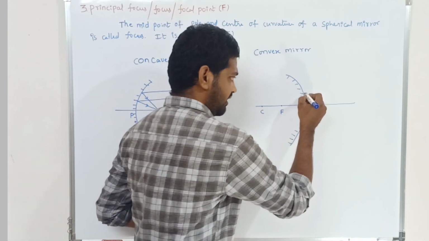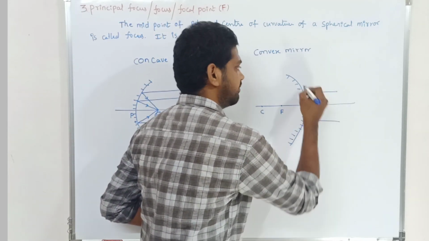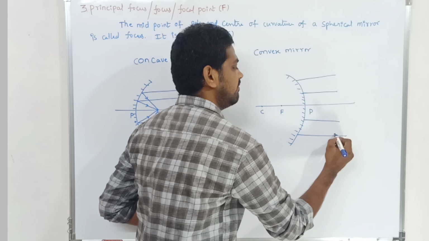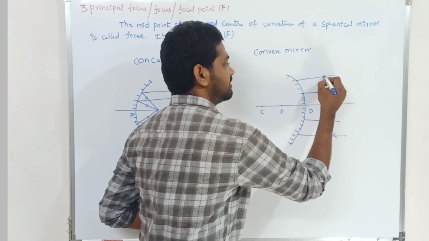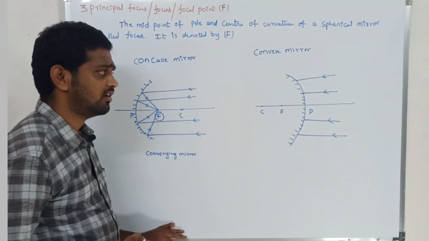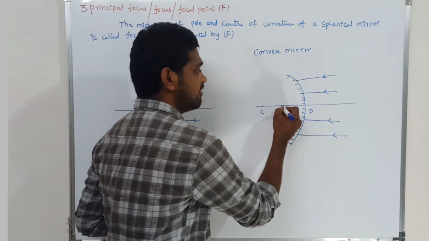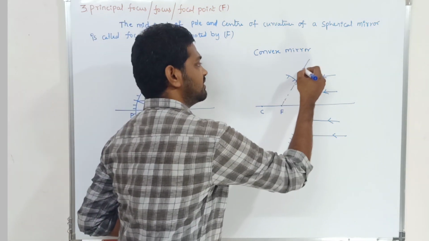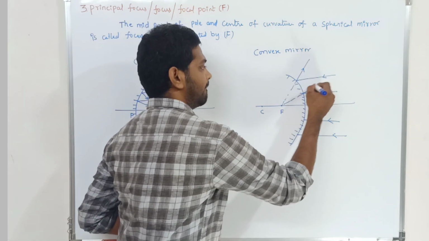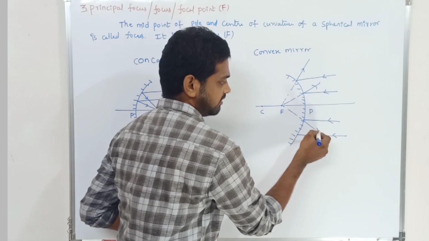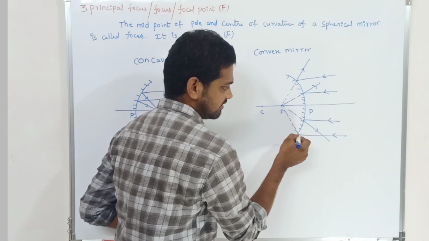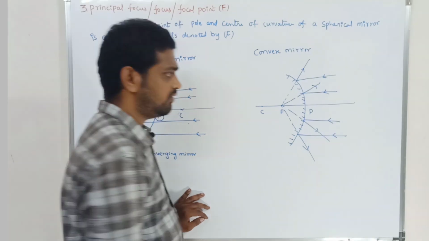See, here also I had taken a beam which is parallel to the principal axis. After that, how will you get the rays? The rays will diverge as if through the focus. Clear, children? So these are the reflected rays which are diverging through the focus.